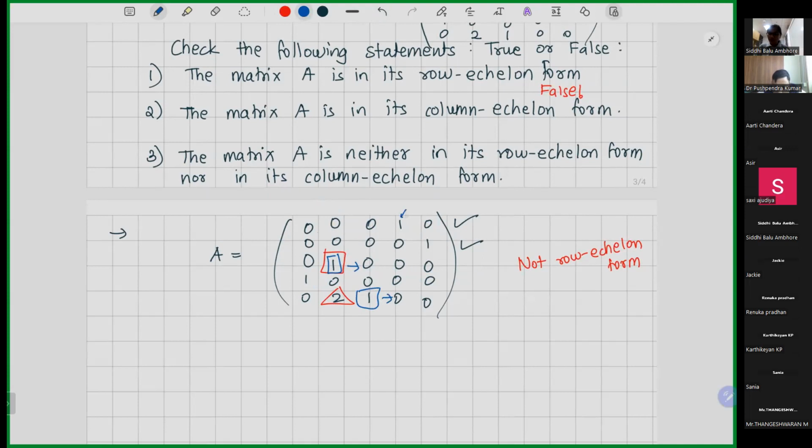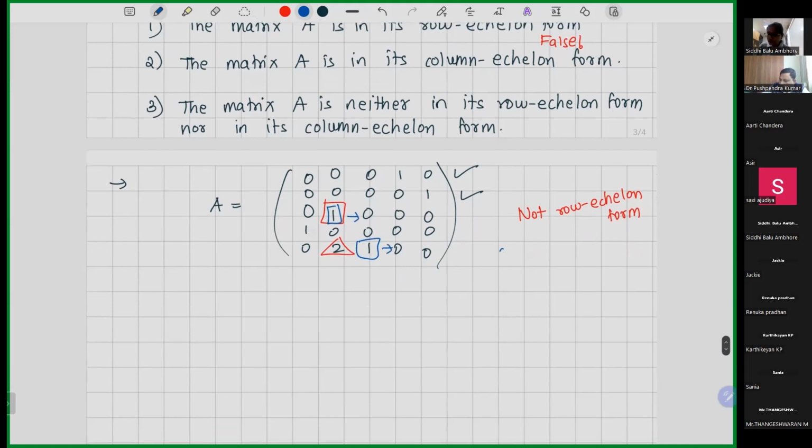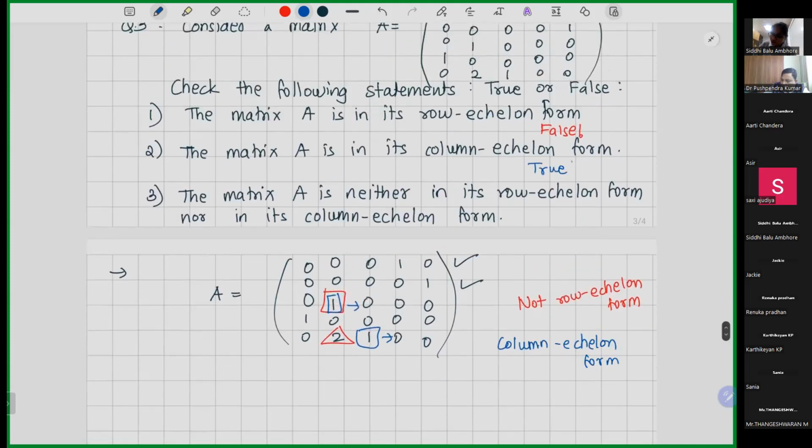Fourth column is also 1, and to its right is 0, and fifth column, we don't need to check anything because there is nothing on its right. So that's why this is in column echelon form.